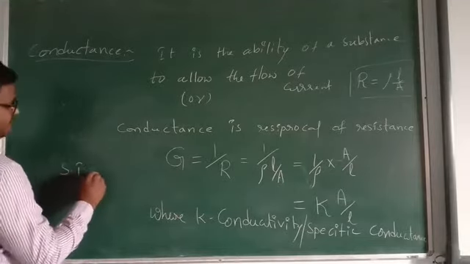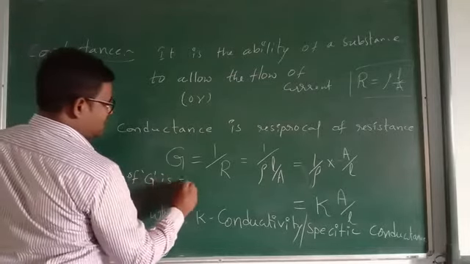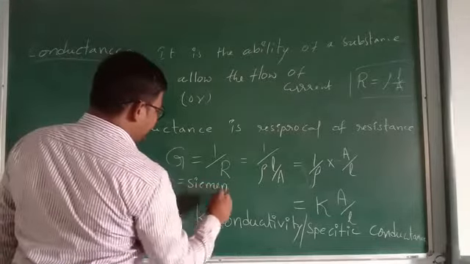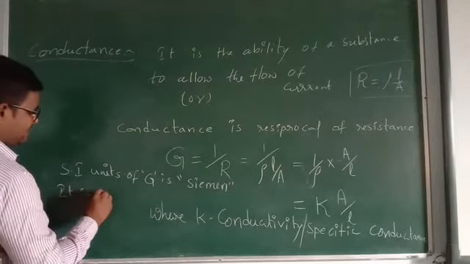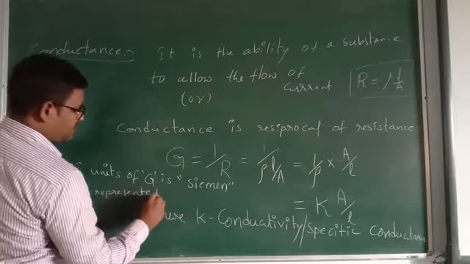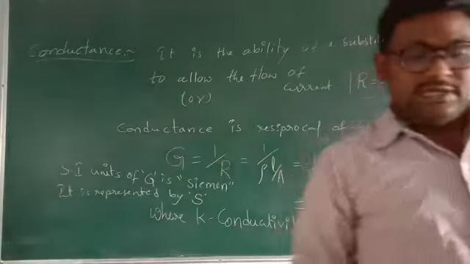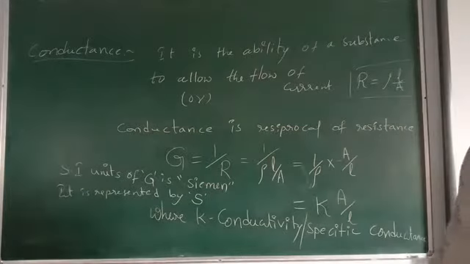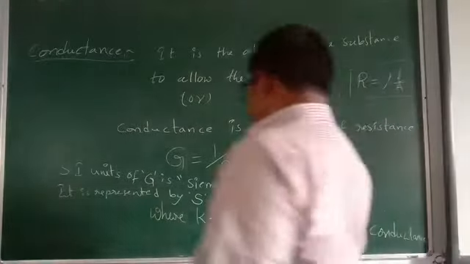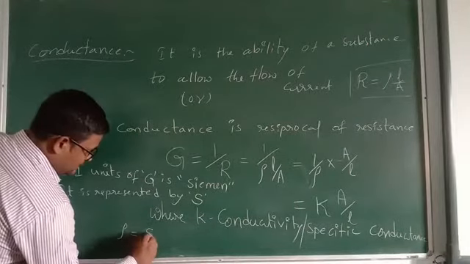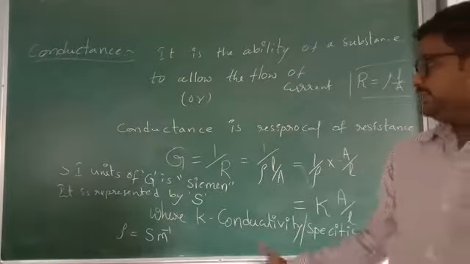The SI unit of G, conductance, is Siemens, represented by capital S. Now, what are the units of specific conductance kappa? Specific conductance units are Siemens meter inverse.